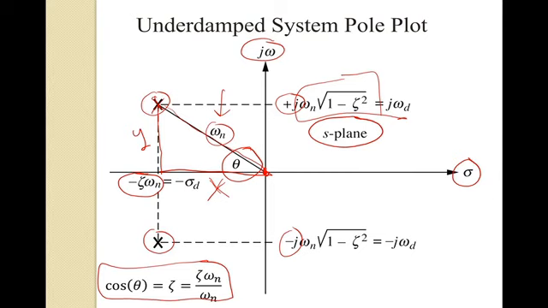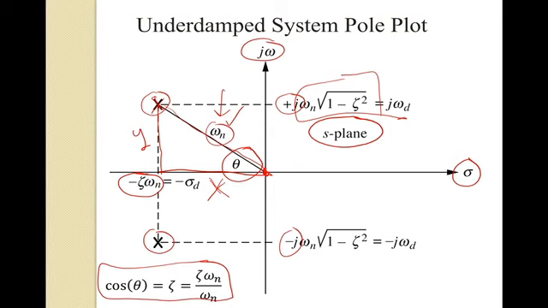So an interesting fact here is if I want to know the omega n from the pole locations, the natural frequency is just the distance from the origin to that complex conjugate pole. And if I want to find the damping, all I need to do is take that angle, theta, take the cosine of that angle, and that will tell me what the damping ratio is.